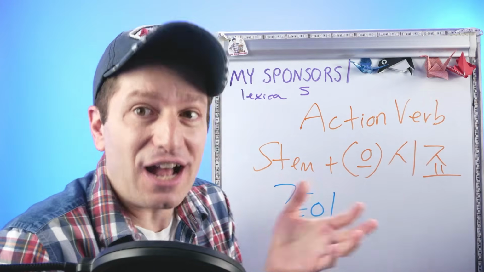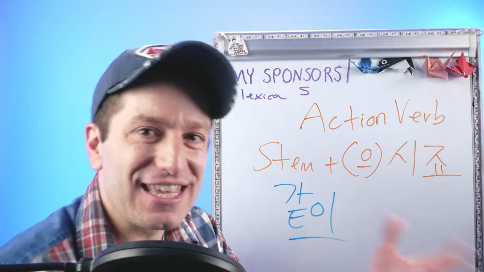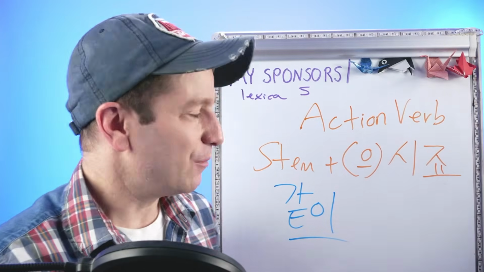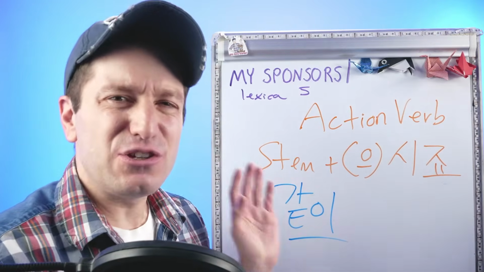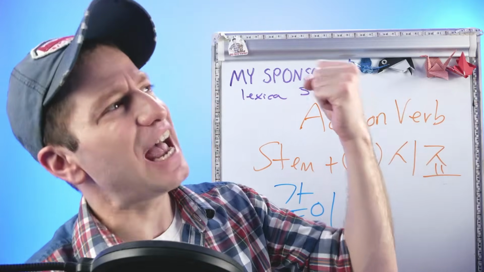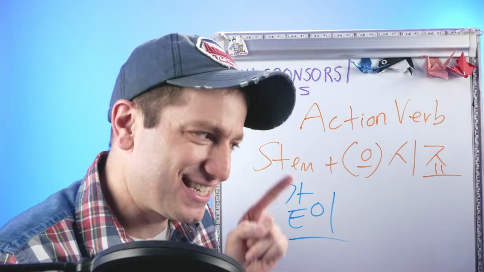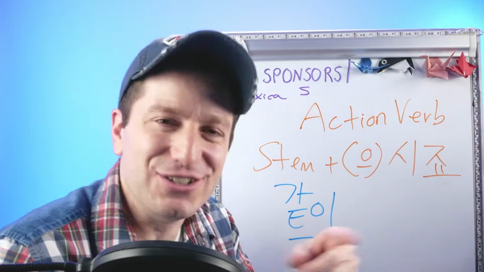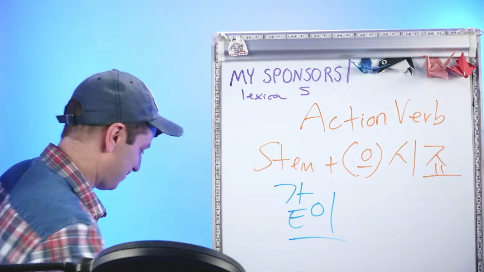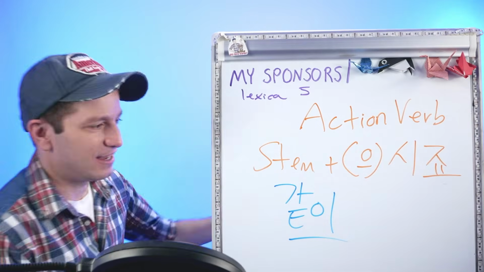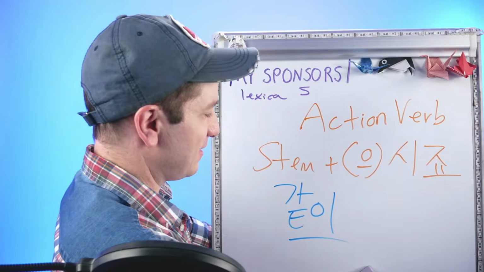Or you can just say 앉으시죠, sit down, and then I'll sit down myself. That works too. Basically, how can you say let's in a very polite way? The answer is you can't. But instead, you could just tell them to do it in a nice way and then you follow.